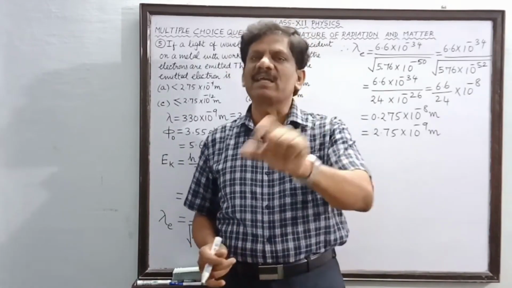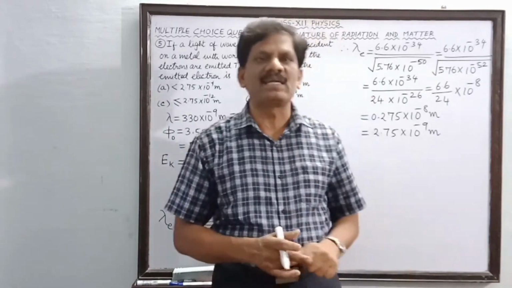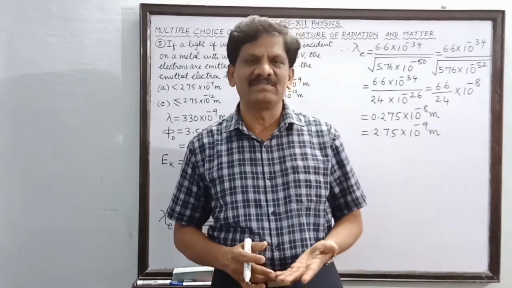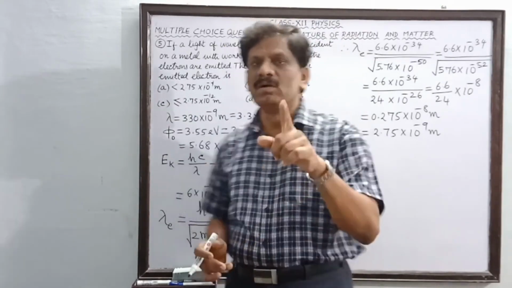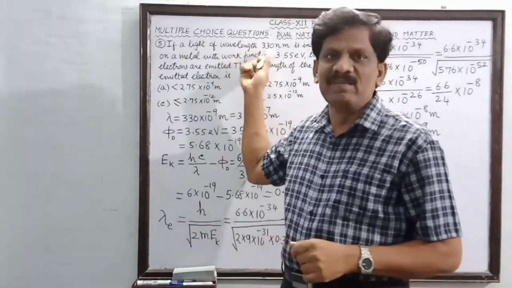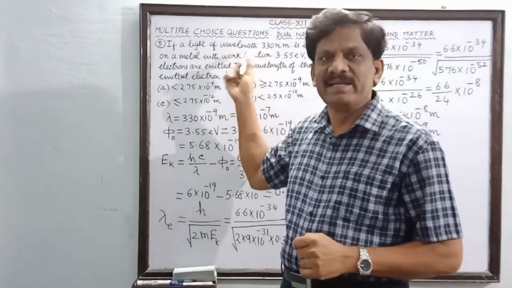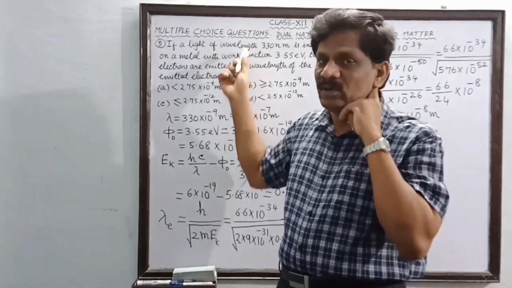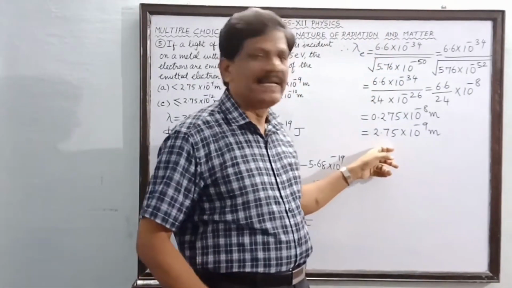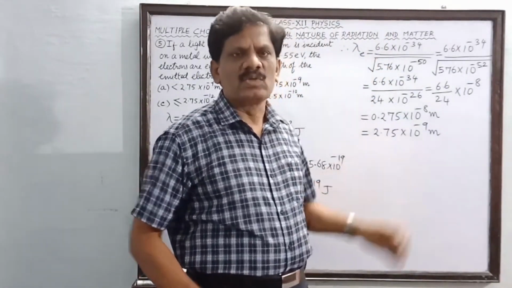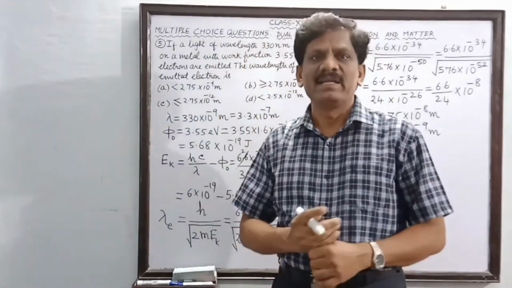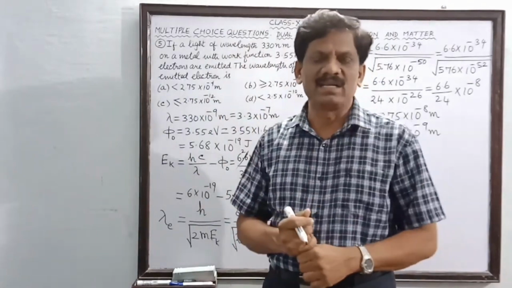The wavelength corresponding to threshold frequency is called the threshold wavelength. That only is called lambda naught. So this is the maximum wavelength of the incident radiation. Now what is the de Broglie wavelength of the electron emitted? We have calculated. So any wavelength greater than this 330 nanometer cannot emit the photoelectron.